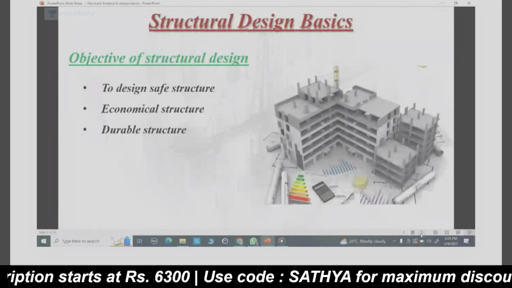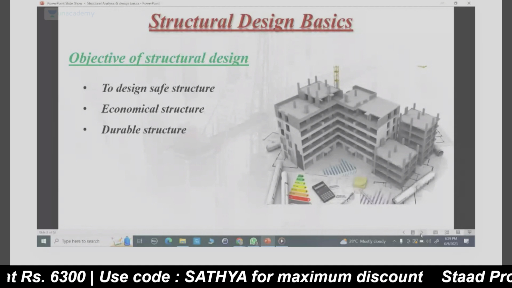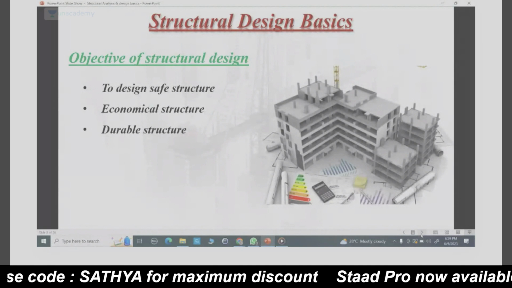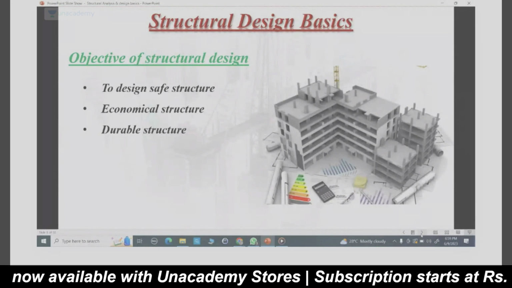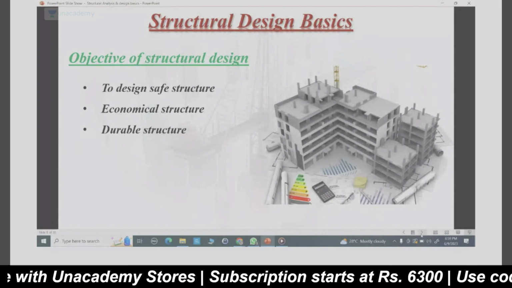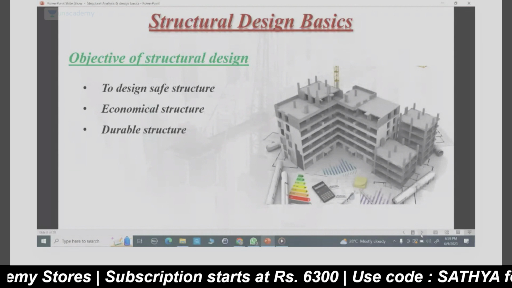Next, let's move on to the objective of structural design. So now you all have got an overview of what we are going to do and what structural design is. The main objective of structural design is to design a safe, economical and durable structure.